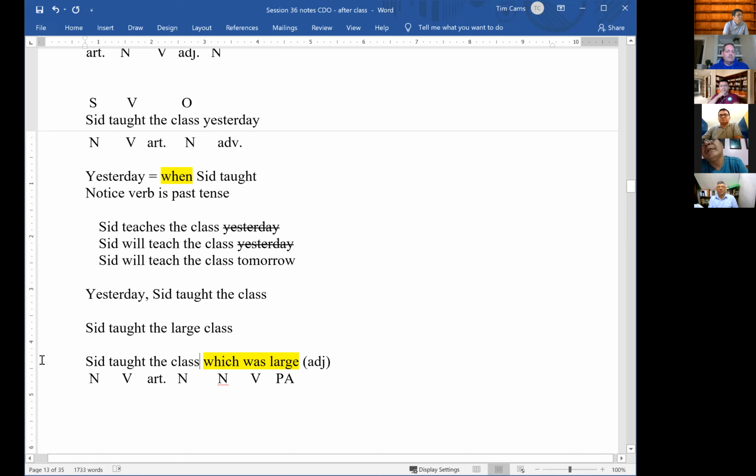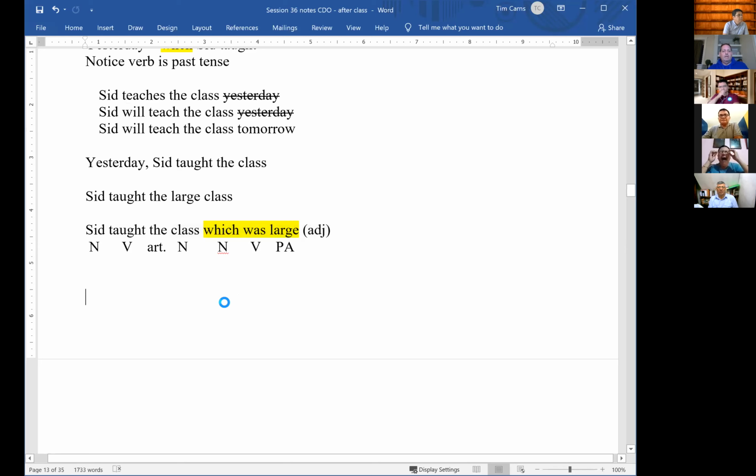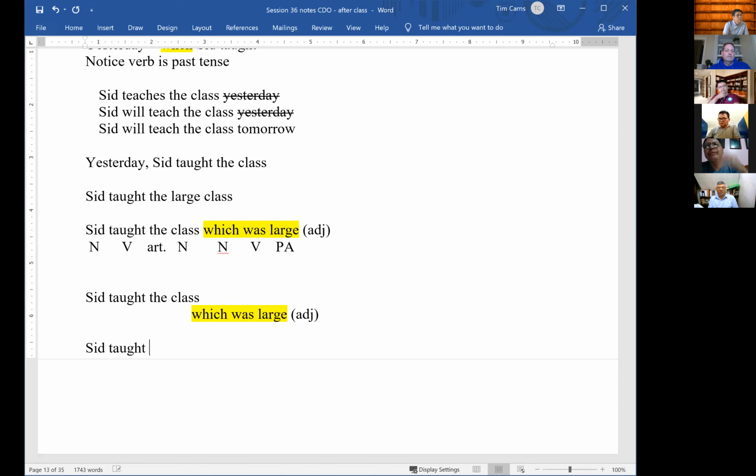If I take this sentence and want to diagram it, I would put "which" under "class," because it's an adjective modifying "class." Now, if I had "Sid taught the large class," this is how that would diagram.